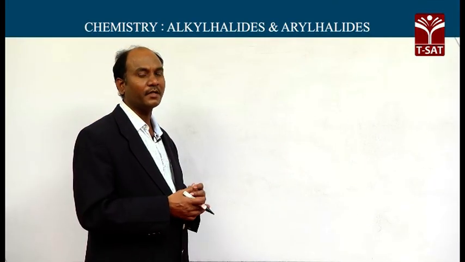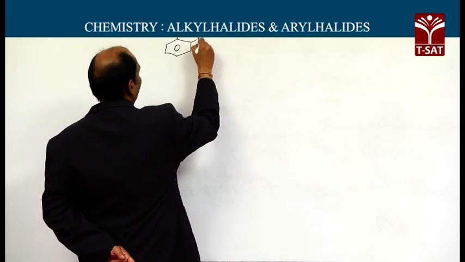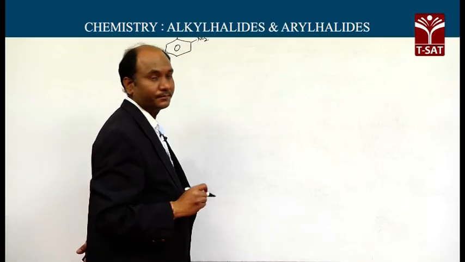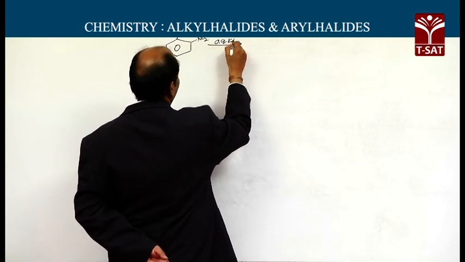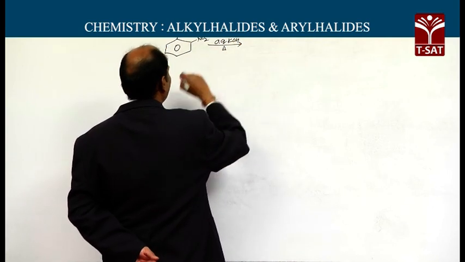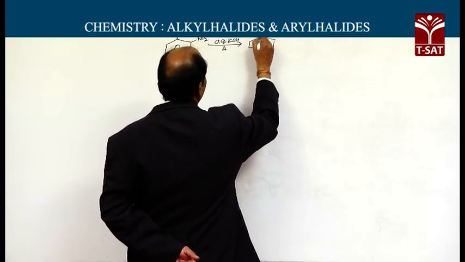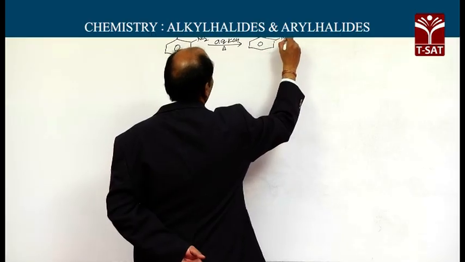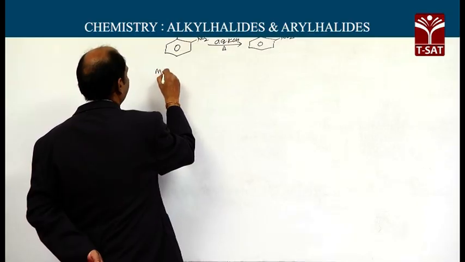If the NO2 group is present at ortho position, what happens? Let us discuss that also. Ortho nitrochlorobenzene is treated with aqueous KOH and heated. So what happens here? This is OH, NO2, ortho nitrophenol. Now see the mechanism.